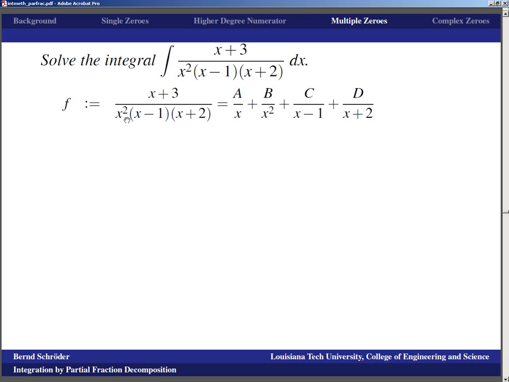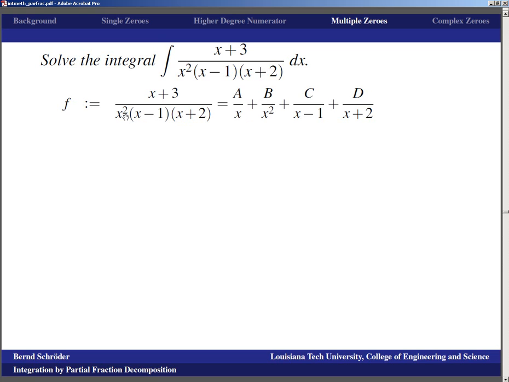When you have a repeated zero, what you must do is you must set up terms for every power of that term here. So basically, the mother term we have is an x. And we set up a over x plus b over x squared until we hit the power to which that term occurs in the denominator.